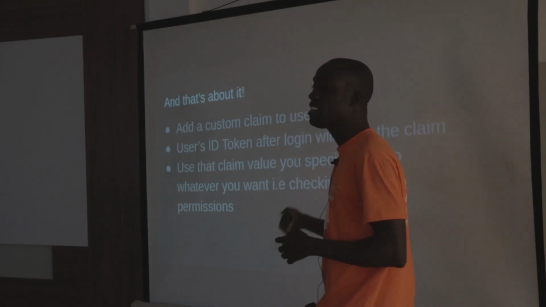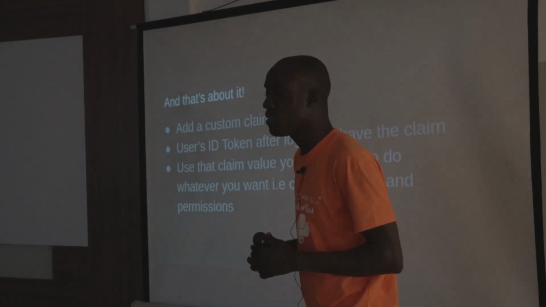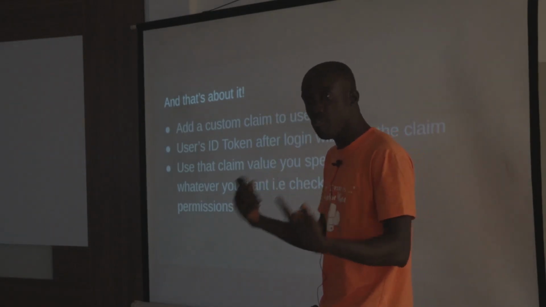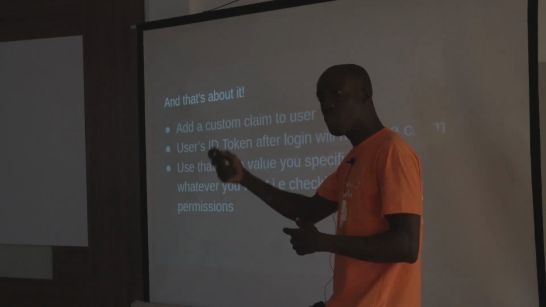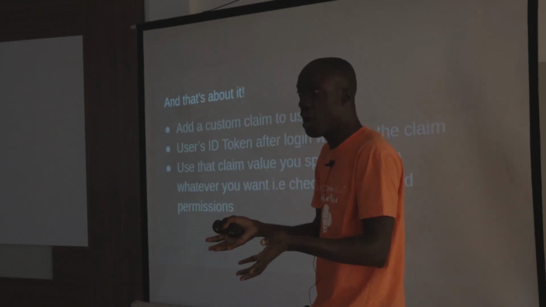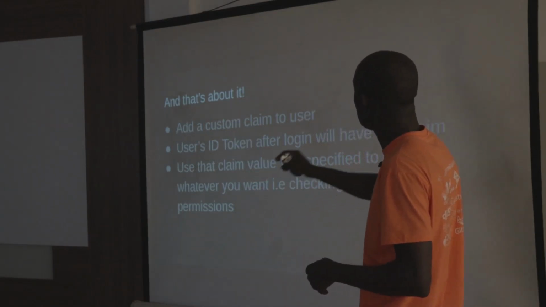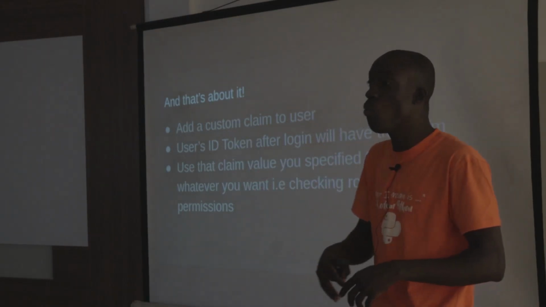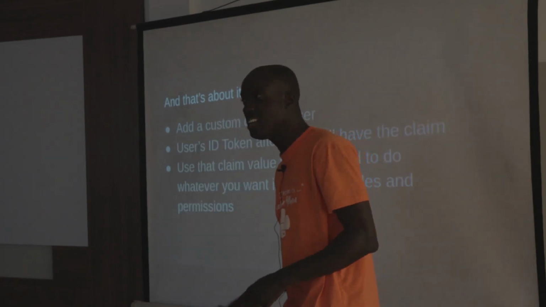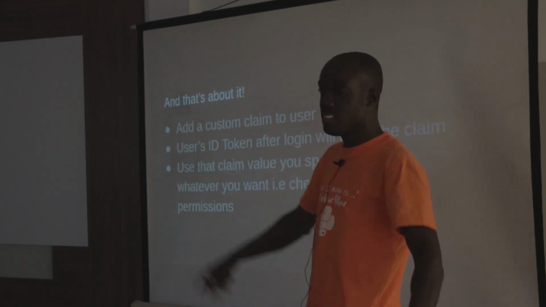So if you assign somebody as a class teacher, they would have to re-log in before that custom claim relating to them becoming a class teacher should take effect. And then we can use that value that is specified to do whatever we want on the client side, on the server, wherever.